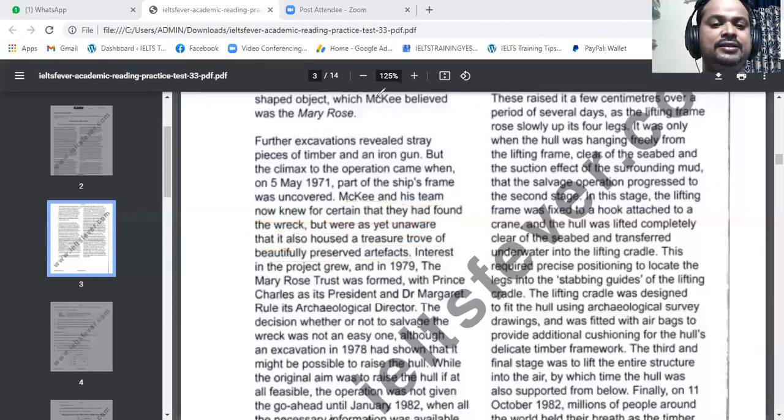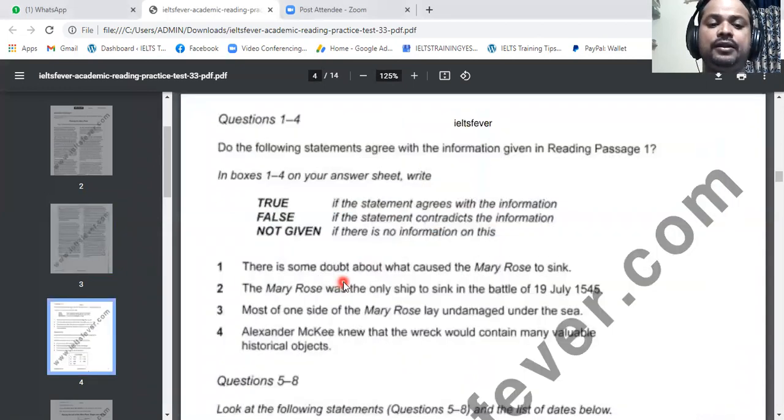So it is actually true, false, not given. First, I'll tell you what exactly true is. True is where we can correlate the question and the passage 100 percent. When it is almost just the opposite, it is false.